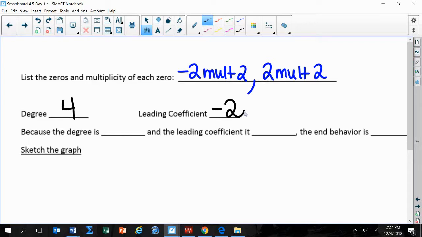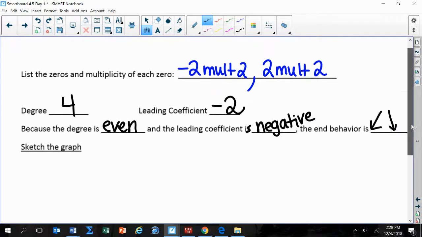Because the degree is even and the leading coefficient is negative, the end behavior looks like what? Even is same behavior or opposite? Even is same. Odd is opposite. Okay, so same, and then the leading coefficient is negative. So would they both be up or both be down? They would both be down because that leading coefficient is negative.